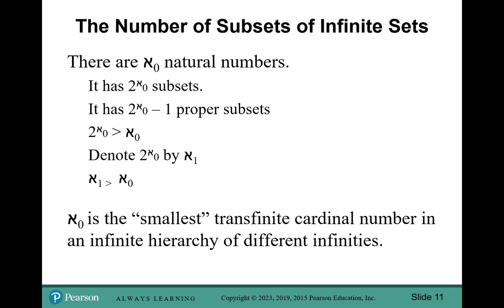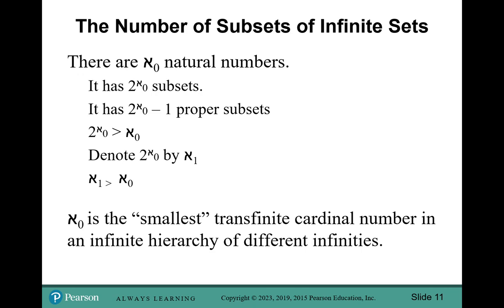Now, the number of subsets of infinite sets. There are aleph-null natural numbers. So it has 2 raised to the aleph-null subsets, and 2 to the aleph-null minus 1 proper subsets, which we're going to see is 2 to the aleph-null is greater than aleph-null, which is denoted by aleph sub 1.